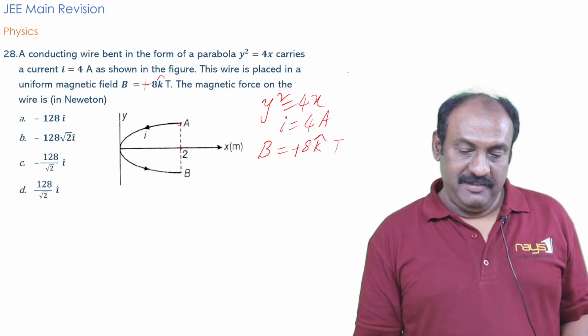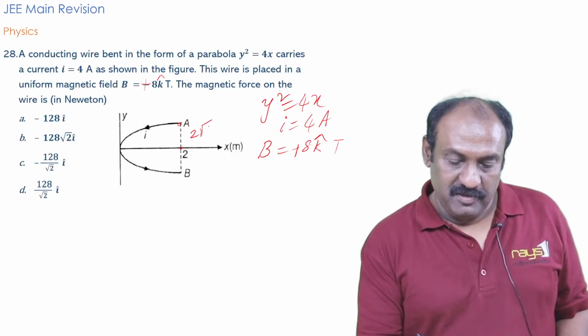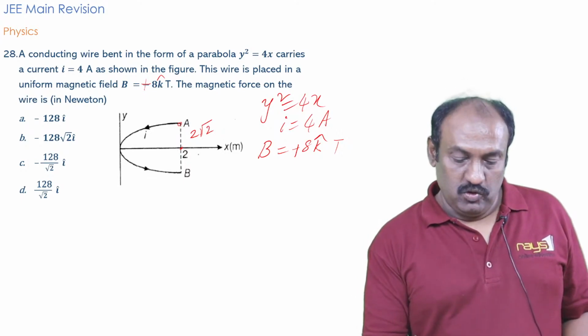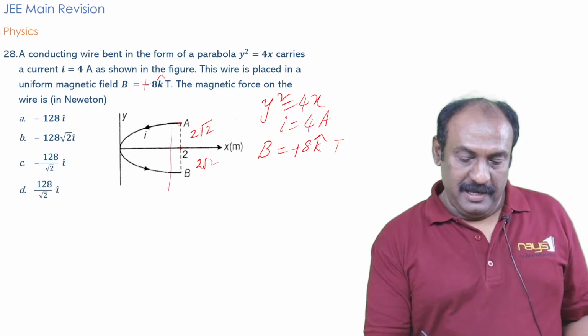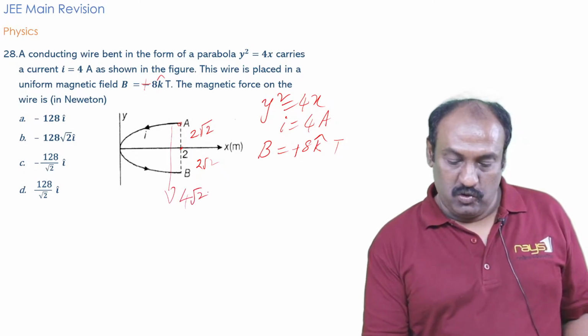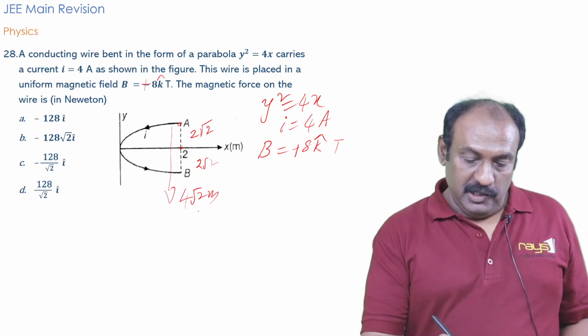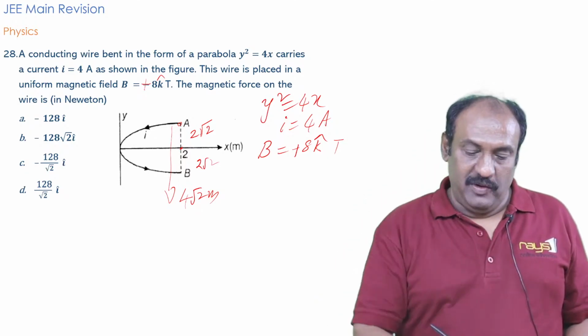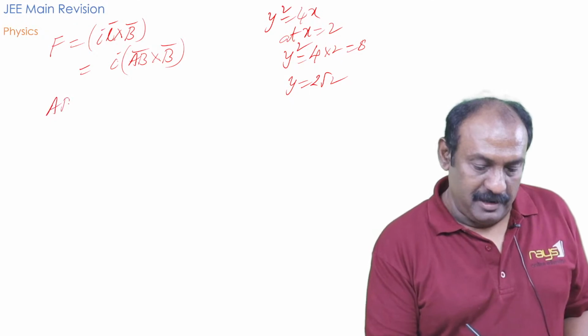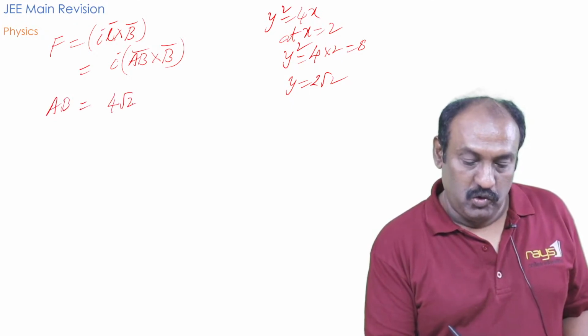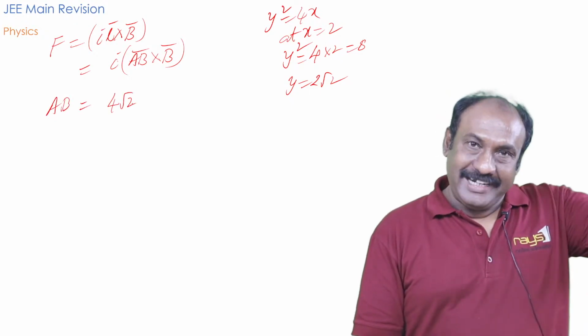This distance is 2 root 2 meters, and this one also 2 root 2 meter. So the distance from A to B is 4 root 2 meter. A to B is directed along negative y-axis, therefore AB bar is equal to 4 root 2 directed along negative y-axis.